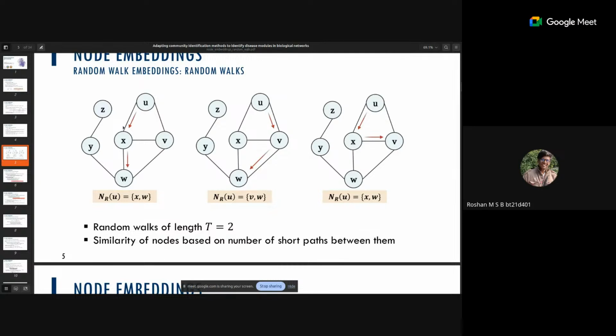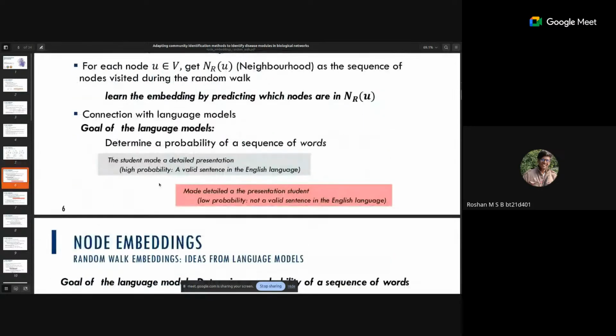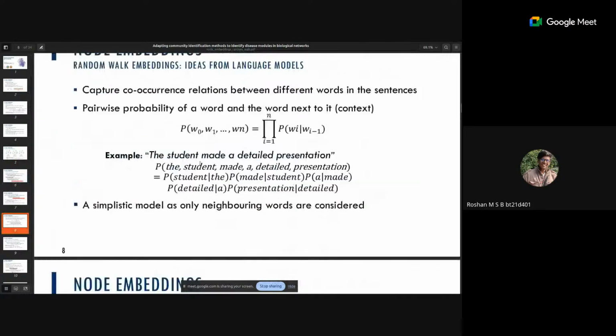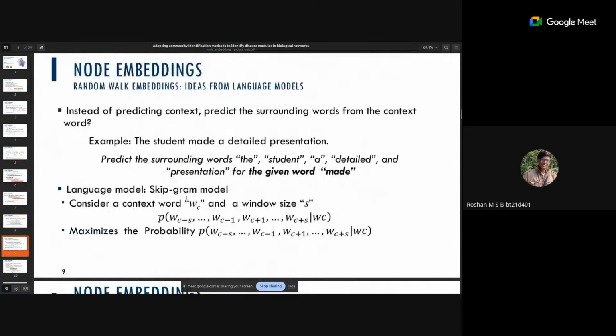In the factorization based methods, you assign it a value of 1 since it's directly connected. But here it's probabilistic, so you might assign a probability value of, let's say, 0.9 or 0.95 and so on.